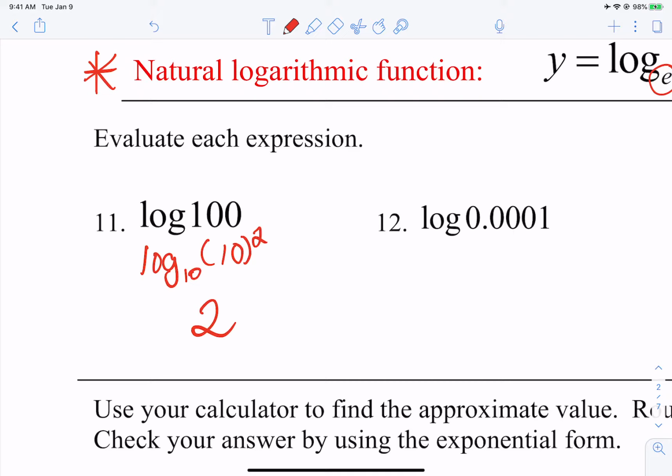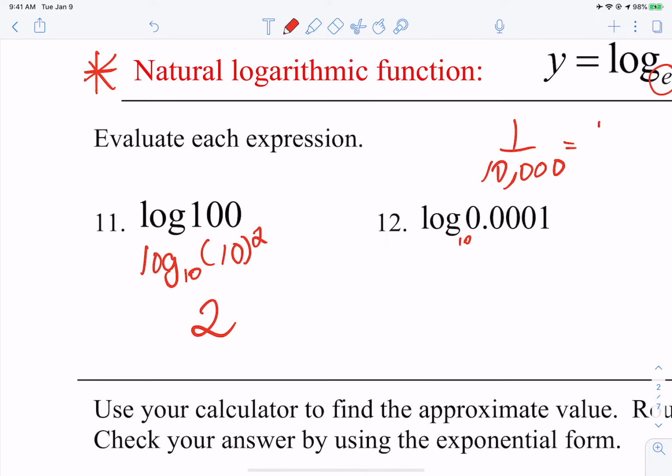Number 12 is also a base 10 question. This is, let's see, tens, hundreds, thousands, 10,000s. So this is 1 over 10,000.